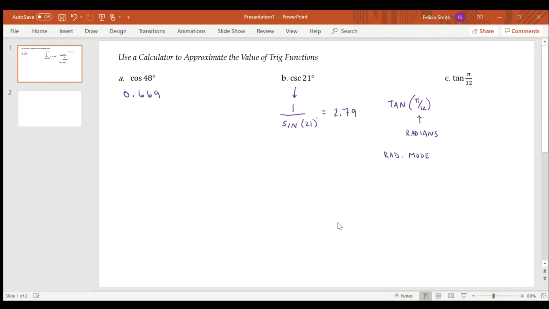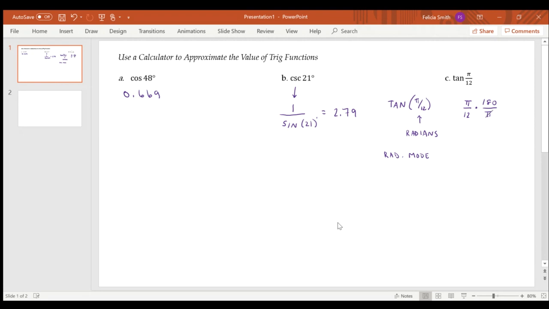The other option would be to take the pi over 12 and convert it to degrees. Keep in mind, if you want to convert it to degrees, we're going to be multiplying by 180 over pi.